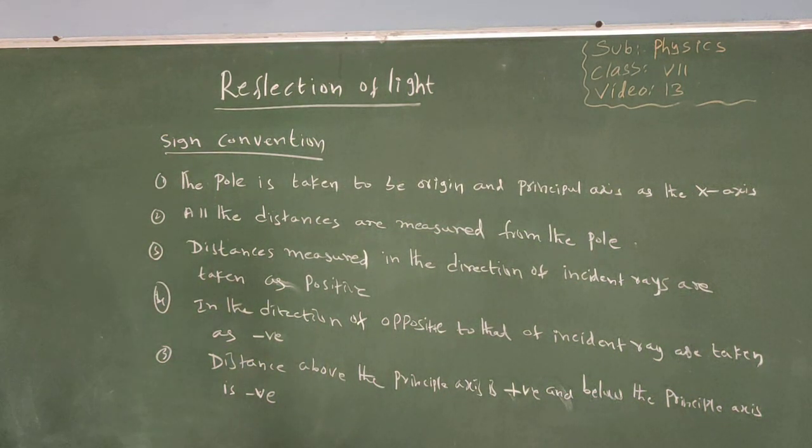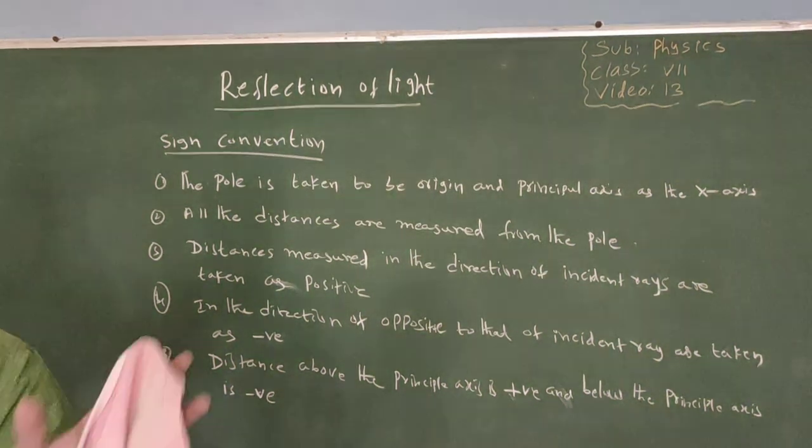Okay, these are the sign convention points. Now I will explain with the diagram.